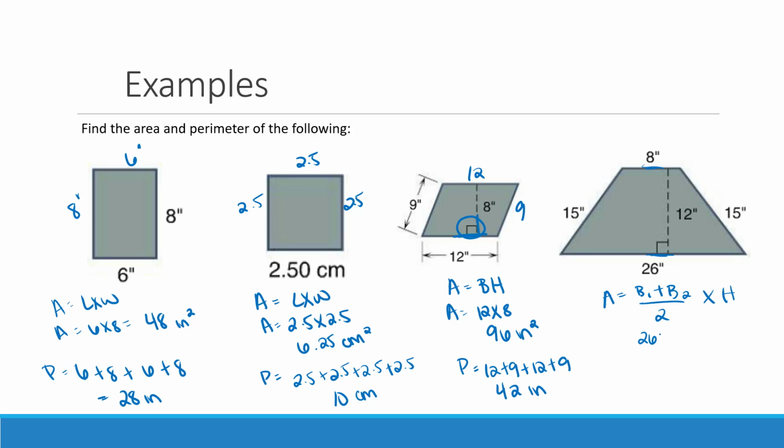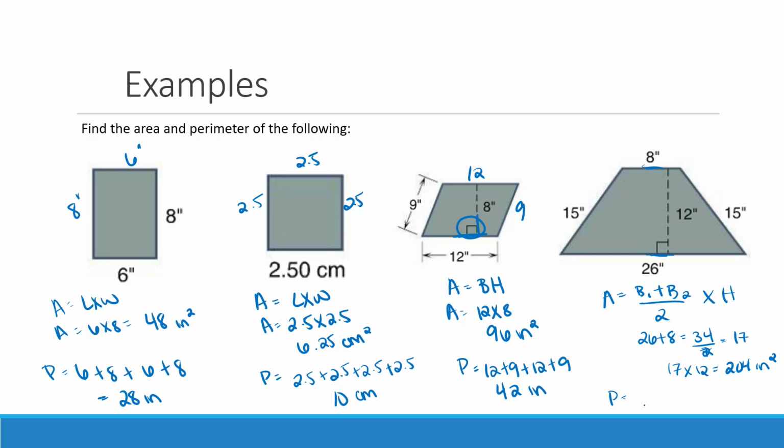I would add 26 plus 8, which is going to give you 34. I would divide 34 by 2, which is going to be 17. And then I'm going to do 17 times the height. So if I do 17 times 12, that is going to give me an area of 204 inches squared.